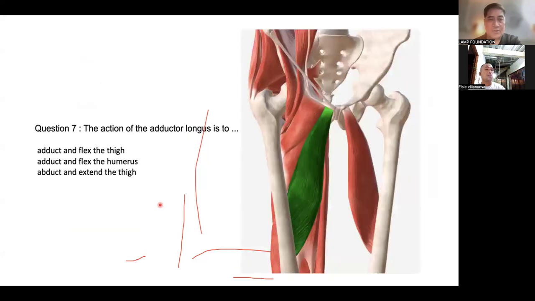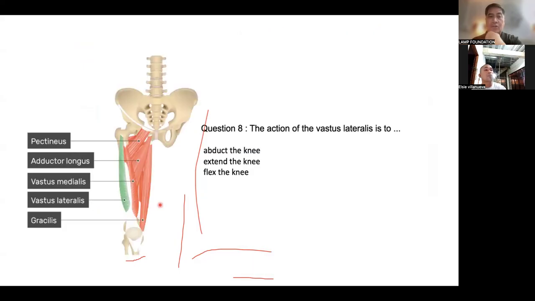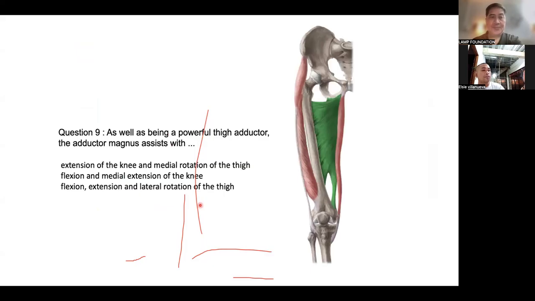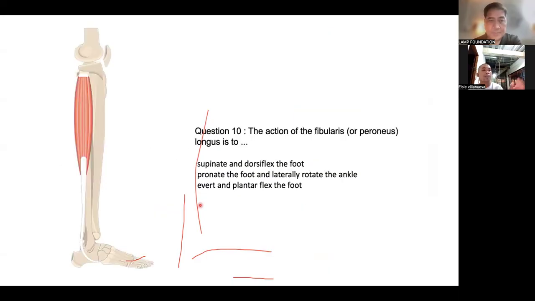Action of adductor longus: abduct and flex the thigh. Action of vastus lateralis: extend the knee. As well as being a powerful thigh adductor, the adductor magnus assists with flexion, extension, and lateral rotation of the thigh.